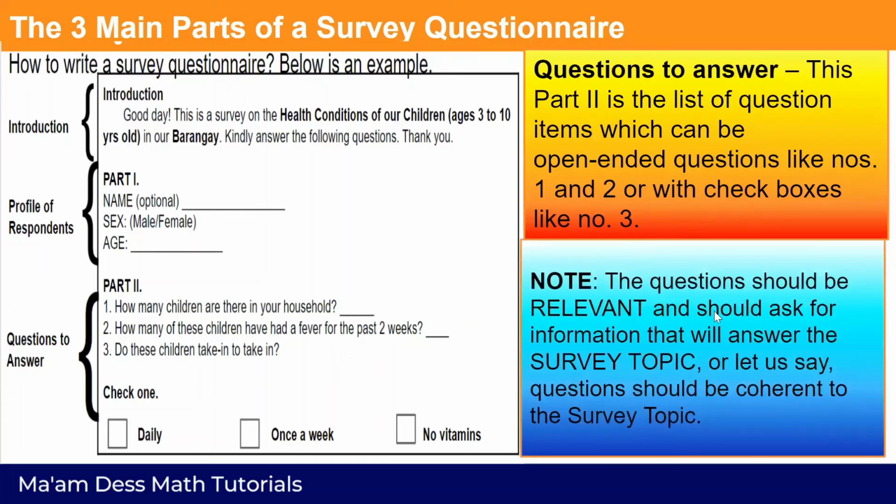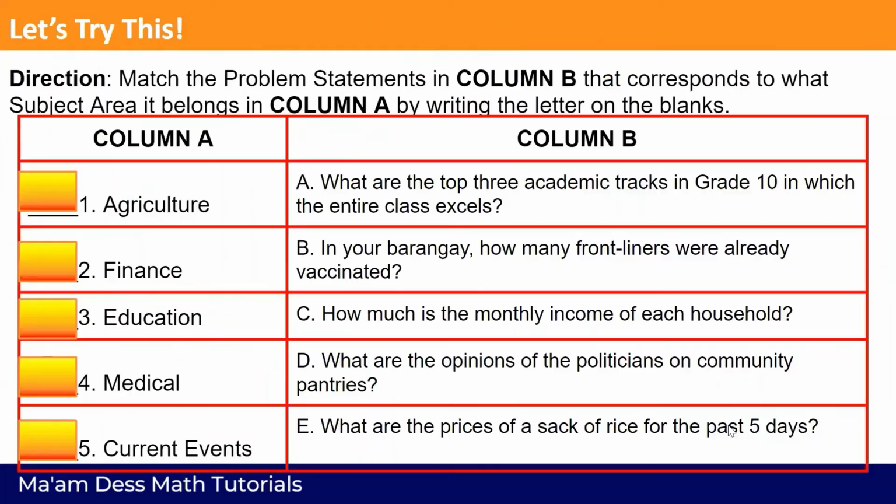Okay, note, the question should be relevant and should ask for information that will answer the survey topic, or let us say, the question should be coherent to the survey topic. So, yung question natin dapat po ay related doon sa survey topic natin. So, hindi po tayo pwedeng maglagay ng question na walang kinalaman or not related in our survey topic.